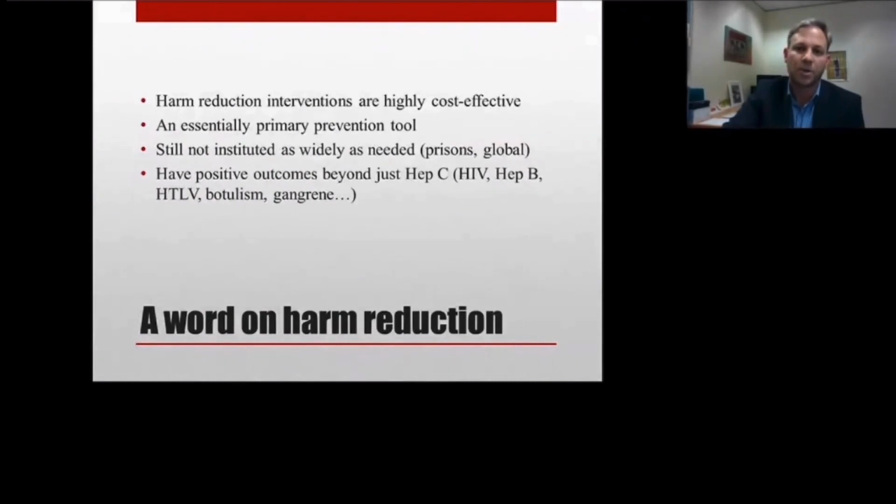Harm reduction, I don't need to say too much, other than from a global point of view, there's still a lot that needs to be done. There's more that needs to be done in prisons in Australia, but it has lots of other positive effects beyond just hepatitis C. So it needs to be a real foundational intervention.